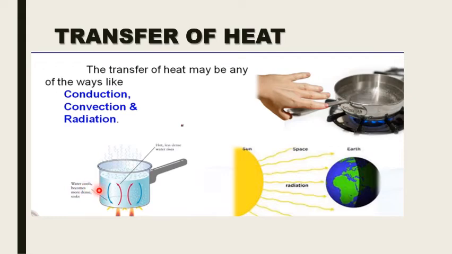Water cools, becomes more dense and sinks. Hot, less dense water rises. You can see here. And the last one is the radiation. From the sun, it radiates the rays. It reaches the earth. These are the three ways: conduction, convection, and the last one is radiation.